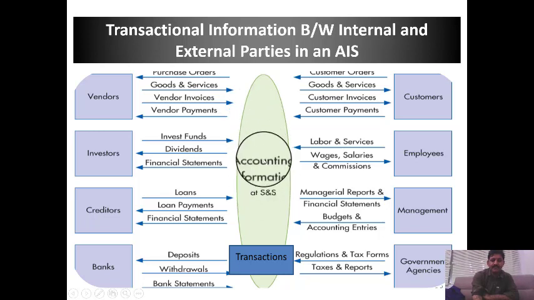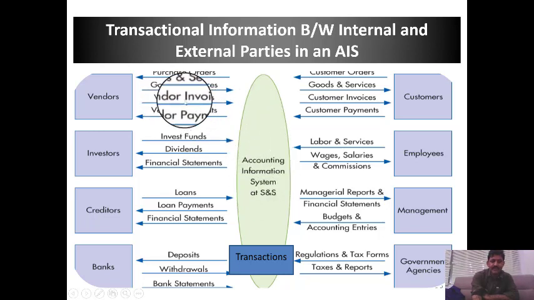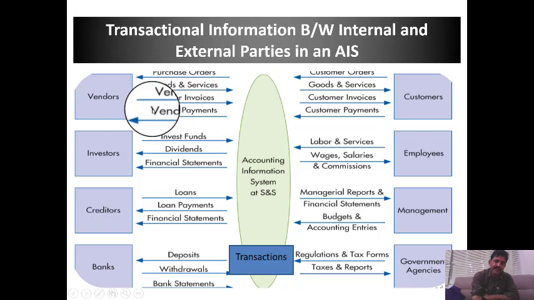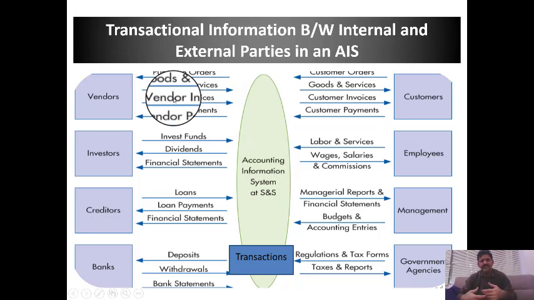This information comes to the accounting information system, which verifies it. Then they make payment to the vendor. These are the transactional information. These dealings and transactions are information and data processed by the accounting information system of the company.